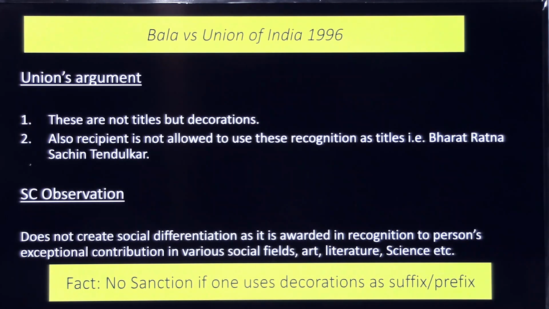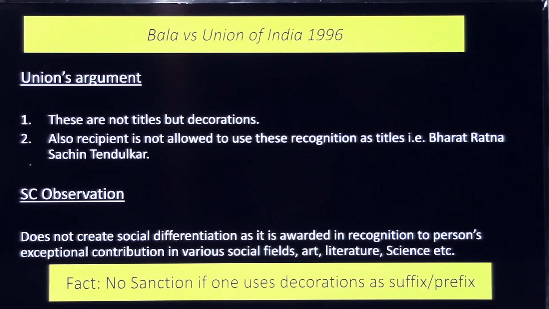The Supreme Court in the end accepted these arguments. Their comment was that it does not create any kind of social differentiation, and it is given in recognition of the exceptional work that the recipients do in different fields. The Supreme Court upheld the validity of these awards, and you see that the Bharat Ratna and Padma awards are still continuing.